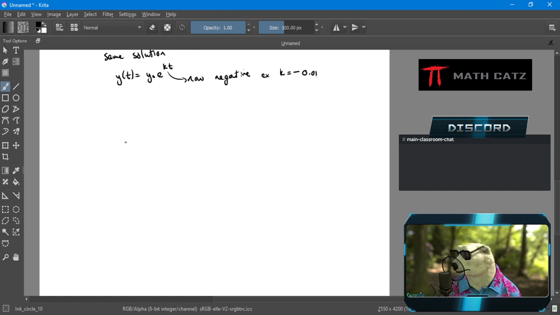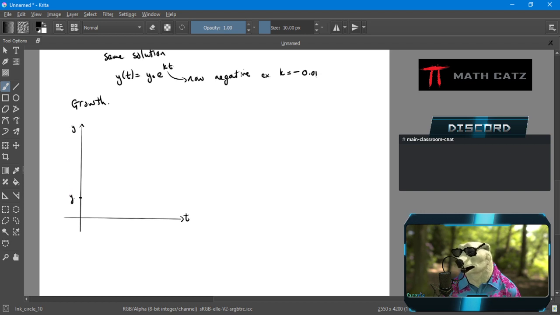So what happens when I visualize this? And how does it relate to the exponential growth? Well, exponential growth had a positive exponent here, resulting in the following graph. I have my time, I have my y value. I start at an initial amount and it grows exponentially. Decay, when I have a negative exponent, is going to reflect it in the vertical axis.